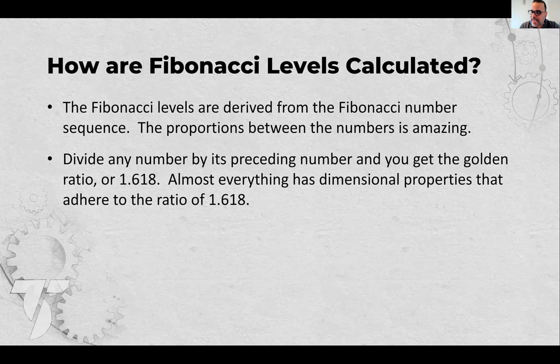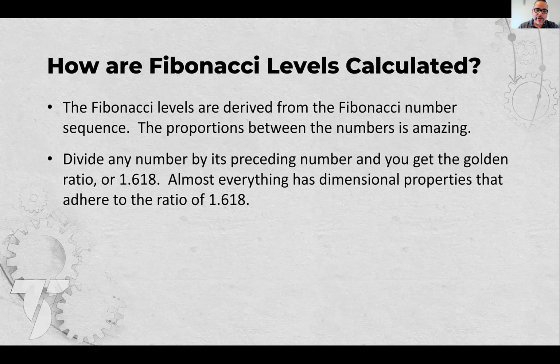And it's impressive that when you take the number sequence that has the Fibonacci name, the golden ratio is present at every single mathematical point. And it's impressive that almost everything has these dimensional, proportional properties, and they all adhere to this ratio of 1.618.